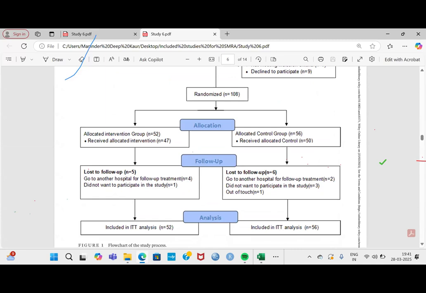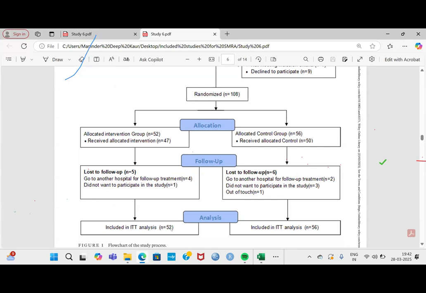So out of 52, we are left with 47, and after losing 6, we are left with 50. But they have made the analysis of 52 participants and 56 participants. That is, although 5 patients were lost to follow-up, they have also included those patients in the analysis.